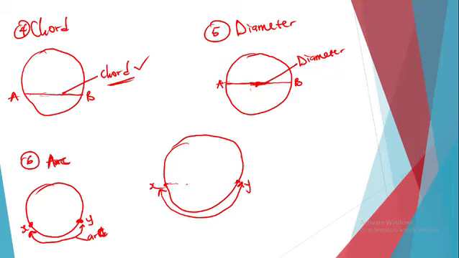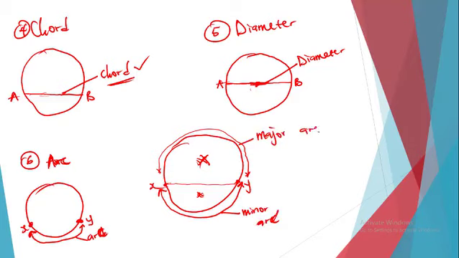Now if you join these 2 points, you see that here is bigger than this. Okay, so from here to here is the major arc, while from here to here is the minor arc.